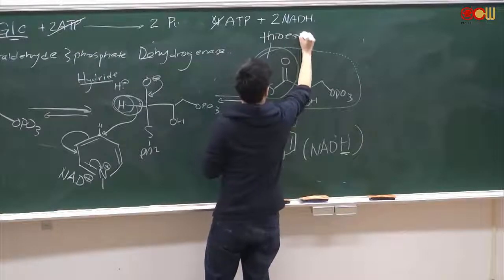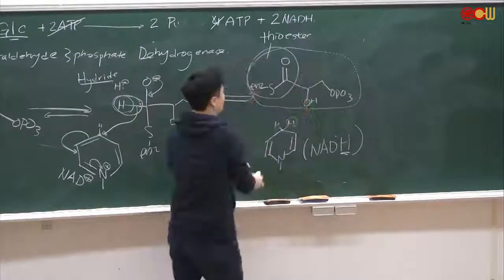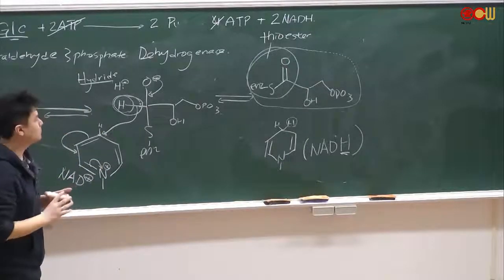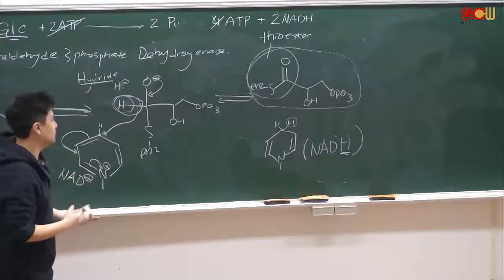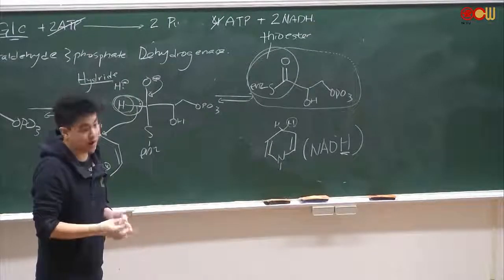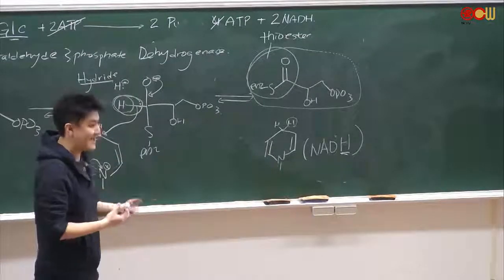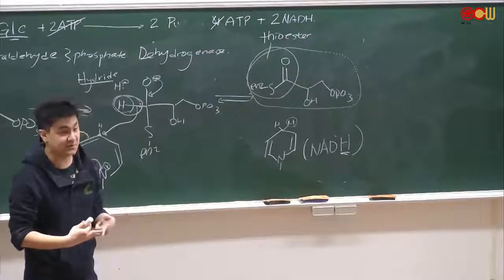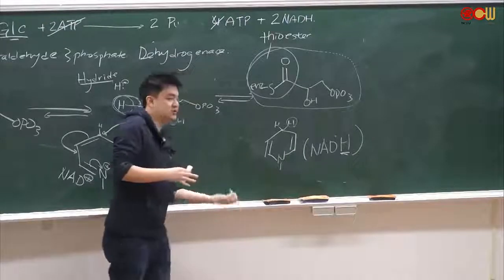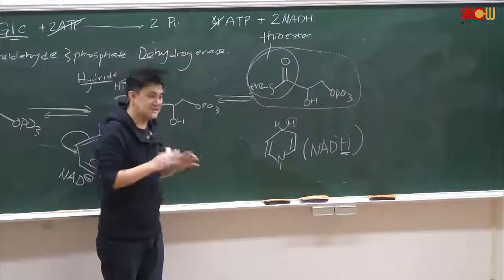This particular thing is a thiol ester. Now remember, in our first lecture we said hydrolysis of a thiol ester can release a large amount of energy. Why? Because the resulting acid has resonance stabilization. So the delta G is close to that of an ATP.